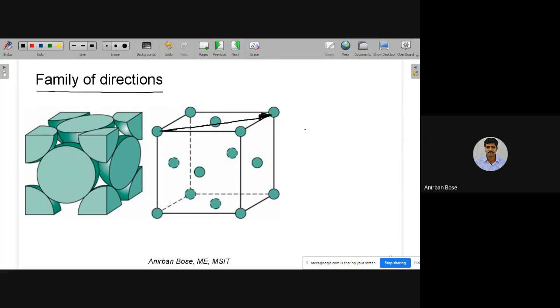What is the physical situation of this direction? I mean to say, the atoms within that particular direction are like this. Along that direction, atoms are like this.